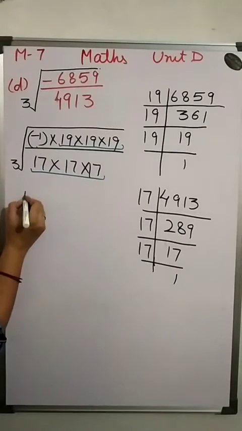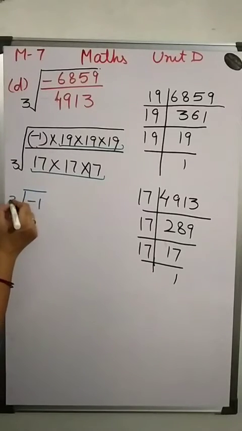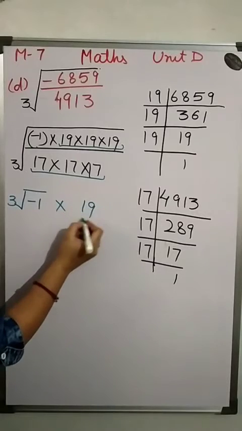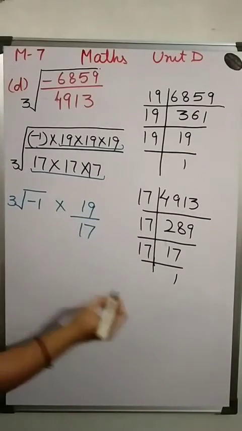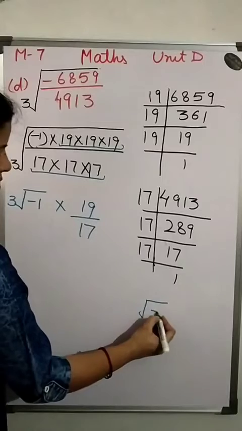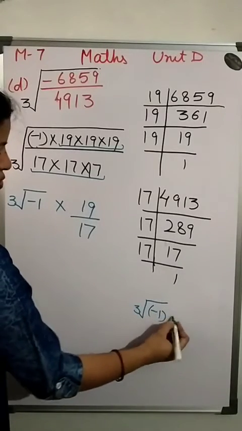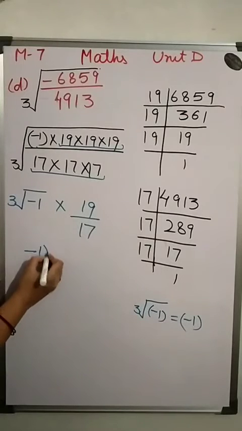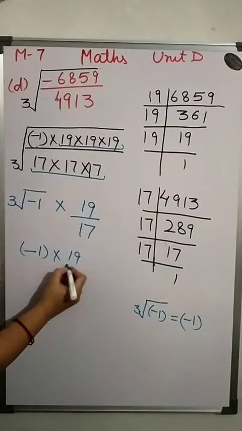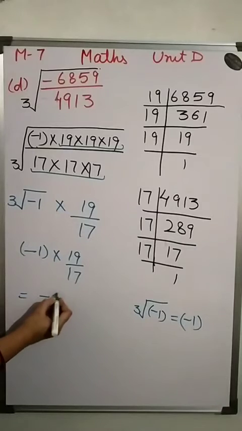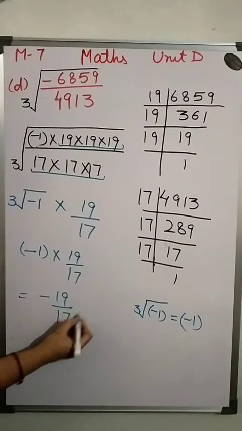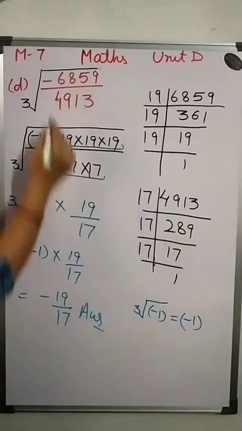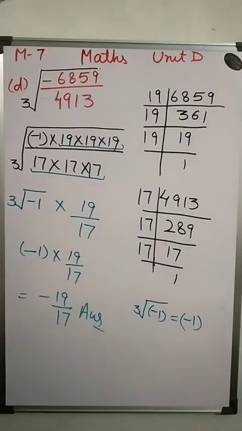This is equivalent to minus 1 multiplied by 19 upon 17, and the answer is minus 19 upon 17. So this is the cube root of this number.